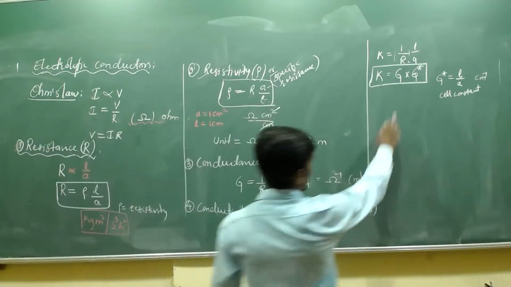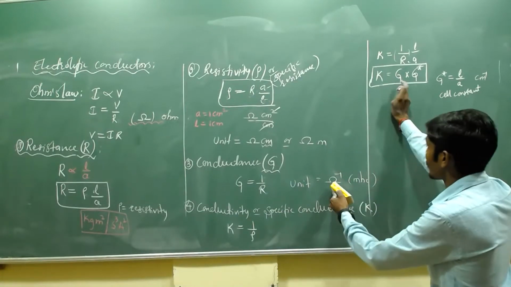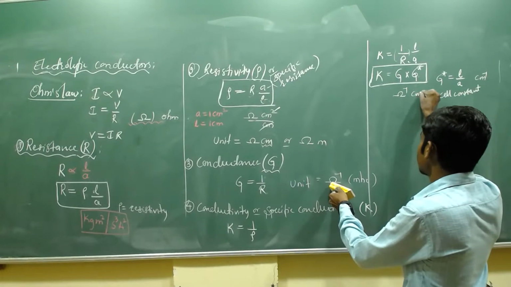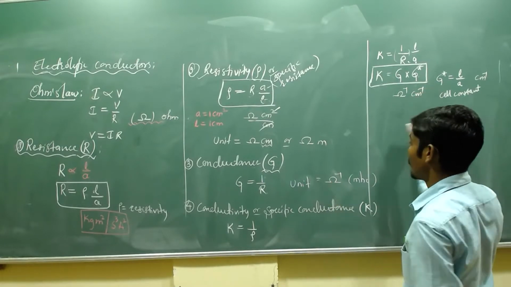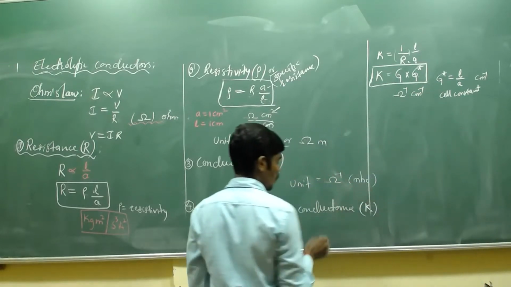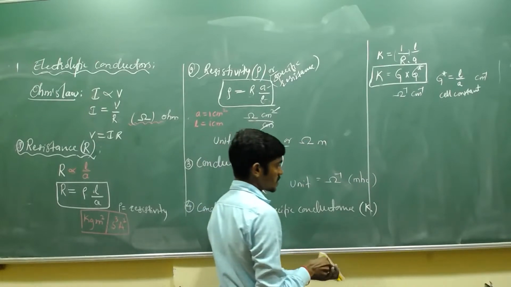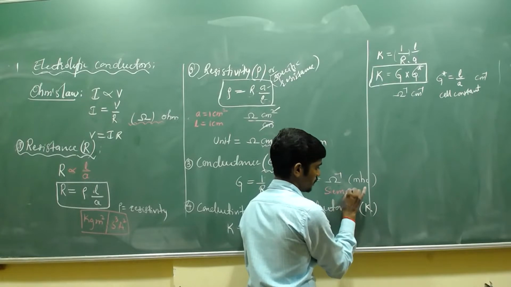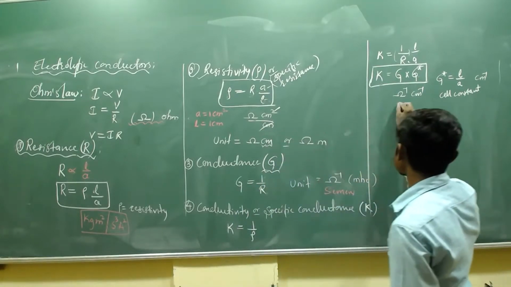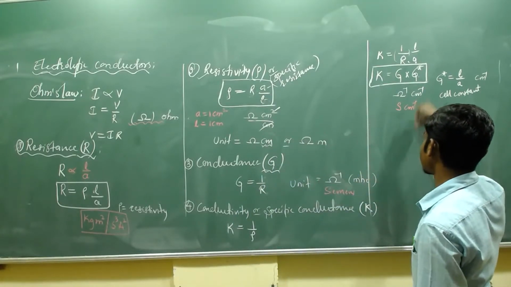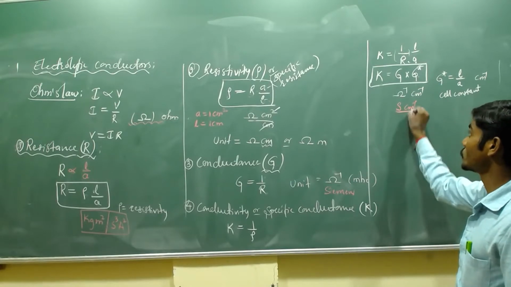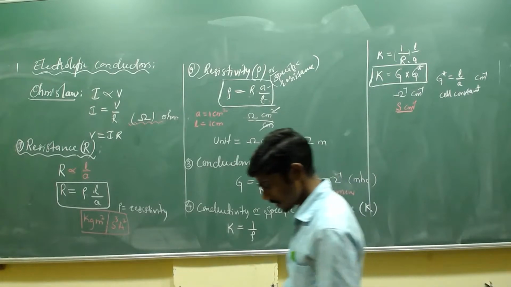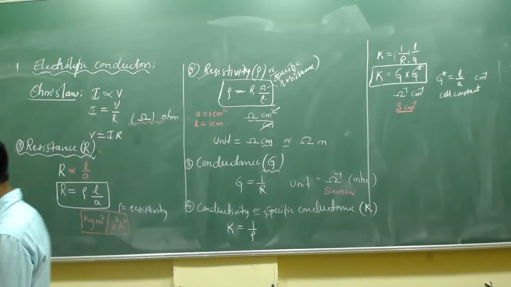Conductance unit is per ohm, cell constant unit is per centimeter. Per ohm is nothing but Siemens. So I can write Siemens per centimeter. Siemens per centimeter is the unit of conductivity.